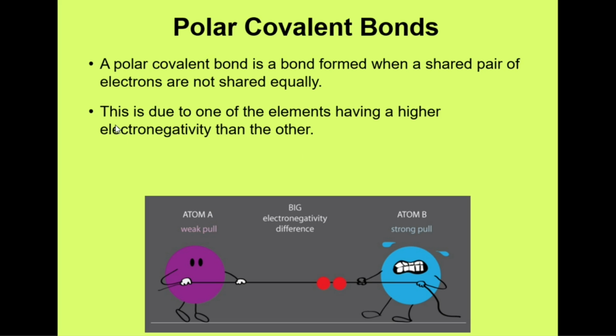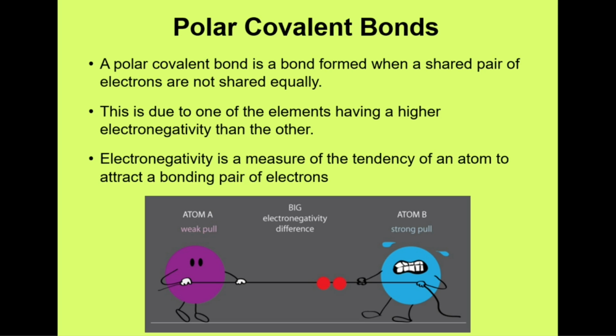So a polar covalent bond then is due to one of the elements having a higher electronegativity than the other. And if you are particularly interested in chemistry, you can go online and search for something called an electronegativity table, and it will bring up all of the different levels of electronegativity for the elements.